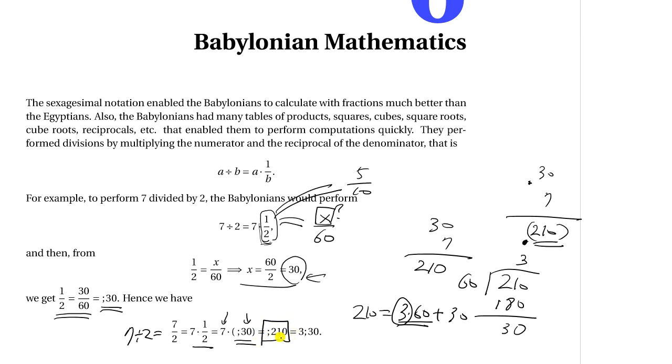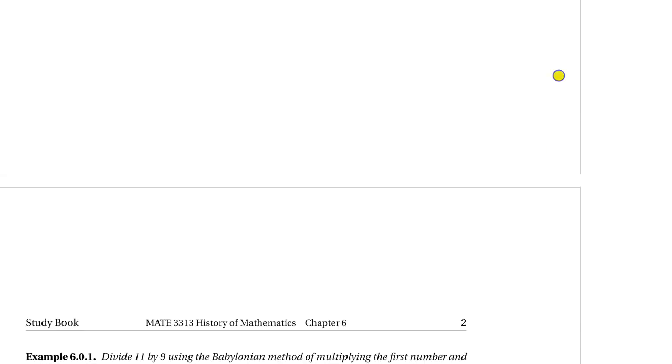This is not a good way of writing, so we move 3 one place to the left and put down the remainder. So it's 3 semicolon 30. Of course, in this case, its base is 60. Can you imagine that? If you convert that to base 10, 3 is 3, but that should be like half. Okay, so that's what they did, and this is what we want to do in this chapter for practice purposes.